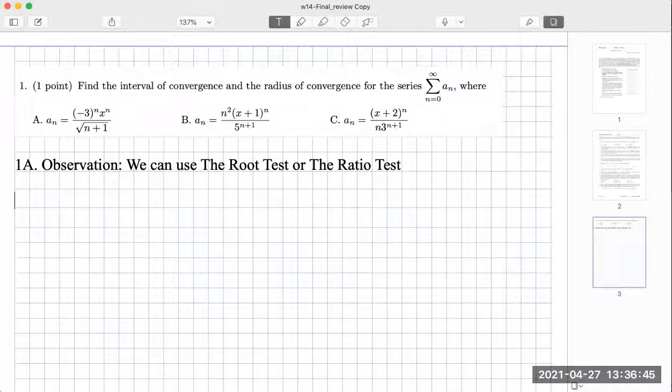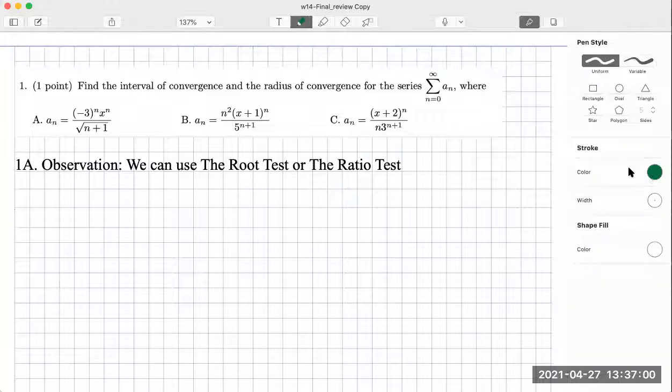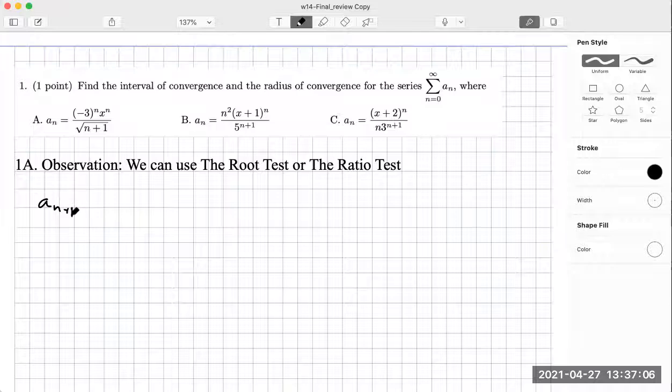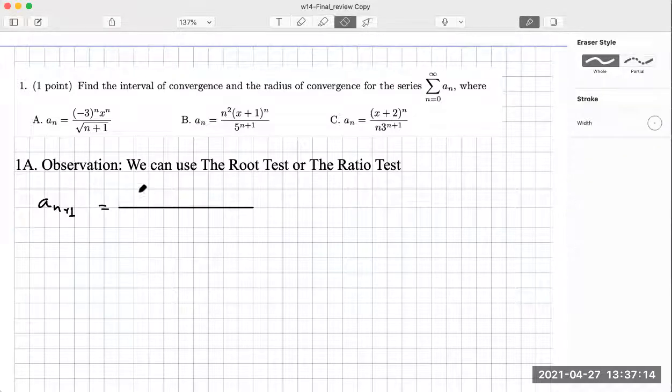So now we're given that a_n is like this. So a_n here is given by this definition. Therefore, a_{n+1} will be all the terms here, but n replaced by n plus 1.